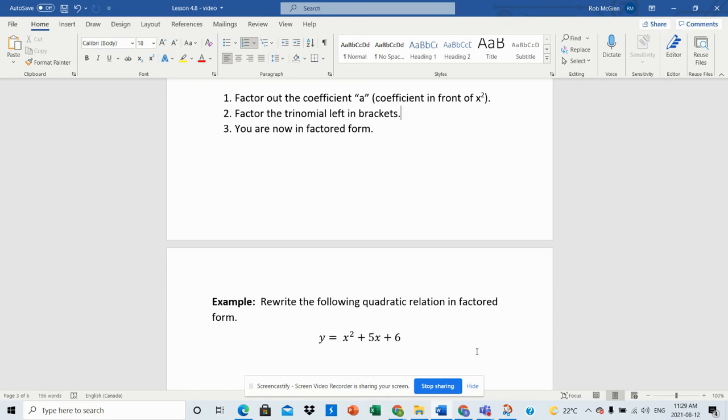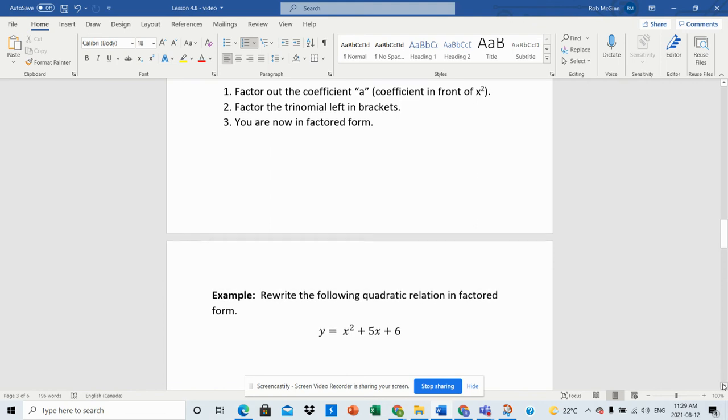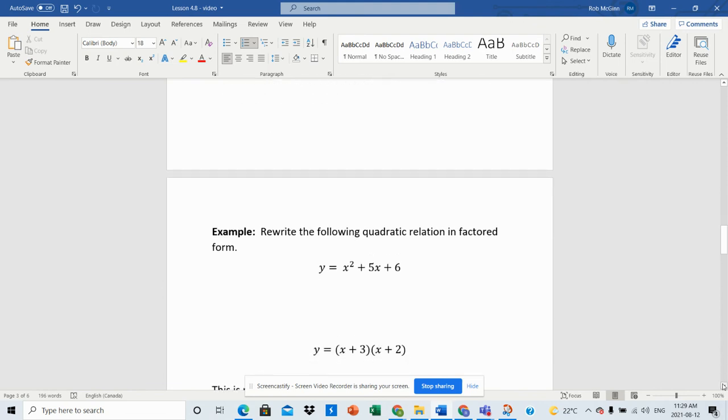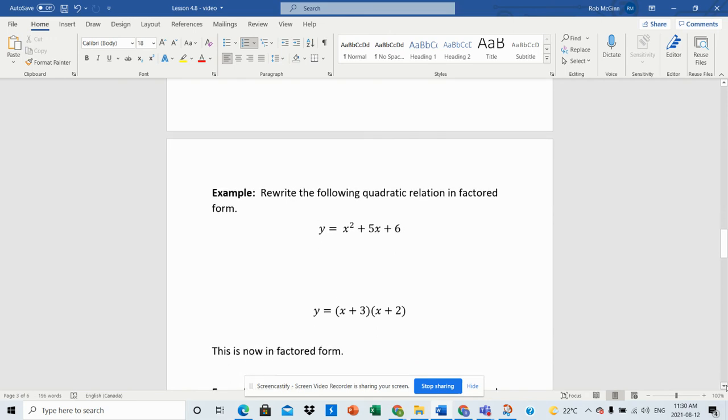So 1, 2, 3, and 6 are all factors. We look here, well, 2 and 3 are going to multiply to 6 and add to 5. So those are going to be the numbers we use. So we're just going to factor it down. Y equals x plus 3 times x plus 2. Now we're in factored form.